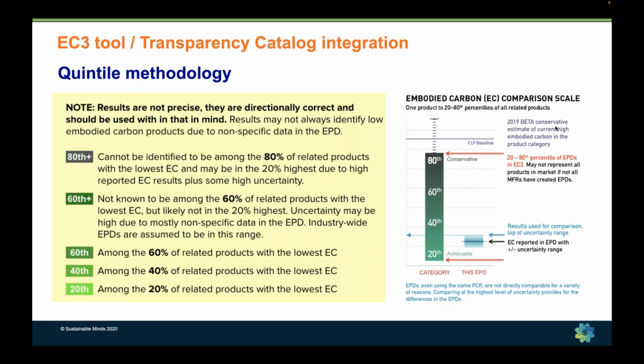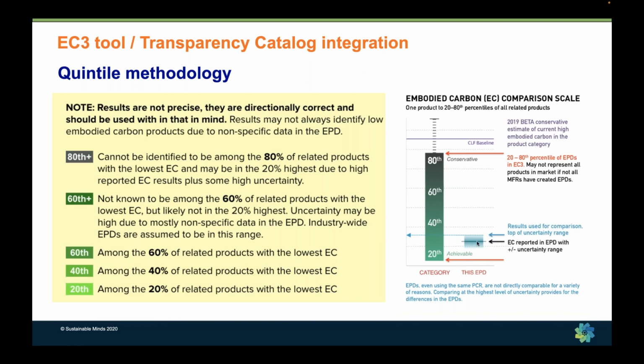So for those of you who are familiar with the EC3 methodology, this will be no news to you, but for those who are less familiar, I'll do a quick explanation. What their methodology does is they take all of the EPDs in a particular product category, and they take the reported embodied carbon results.